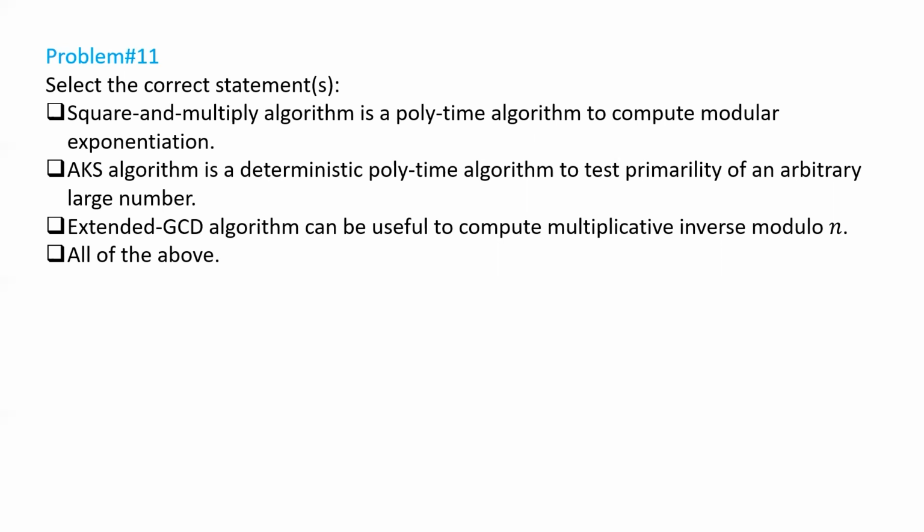In the case of a no-biased algorithm, when it answers yes, there can be some cases where the answer is actually no. That means maybe the number is actually composite, but the algorithm outputs yes, it is a prime.